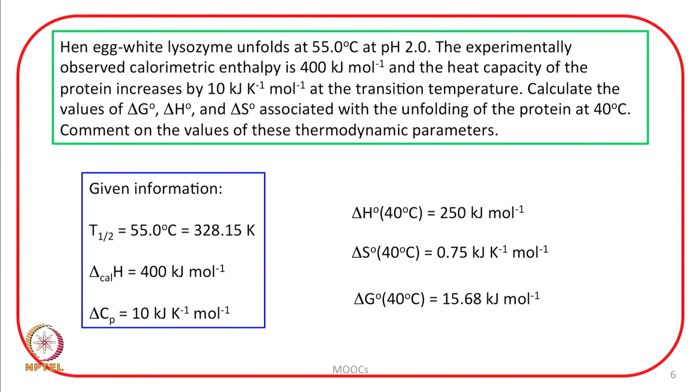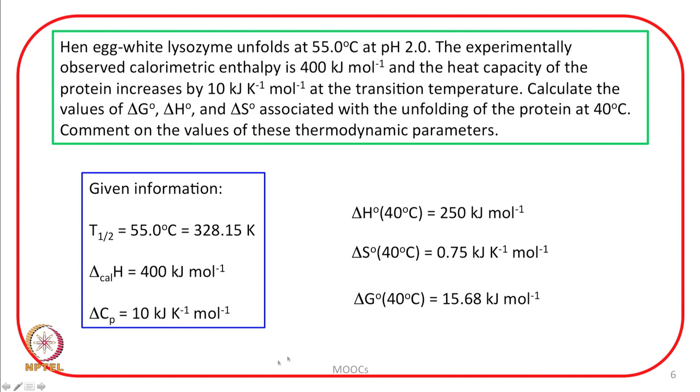A comment can be made over here, delta G naught at 40 degrees centigrade is coming out to be positive. It is plus 15.68 kilojoules per mole. A positive change in Gibbs energy means the reaction is not spontaneous.